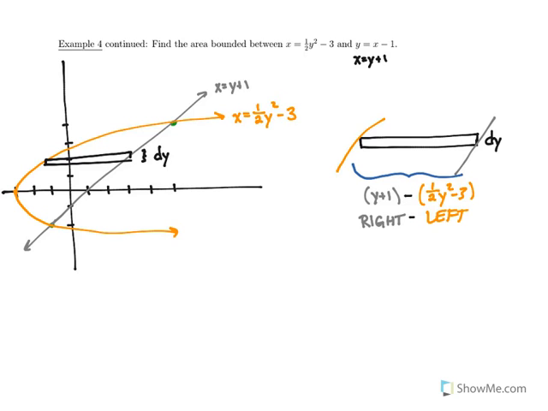Think of it as top minus bottom. If you take your paper and you rotate it 90 degrees, you can think about everything as vertical. You can think about top minus bottom function there, the top being the line, the bottom being the parabola.